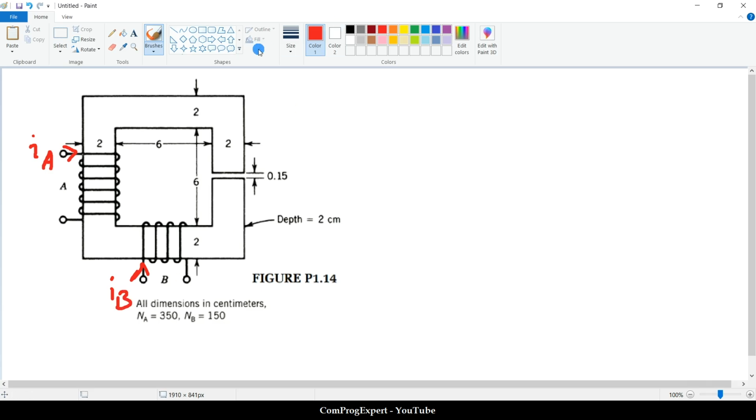So we can write the flux linkage to the phase A is a function of IA and IB. We know that the level of the excitation changes the amount of the flux linkage.